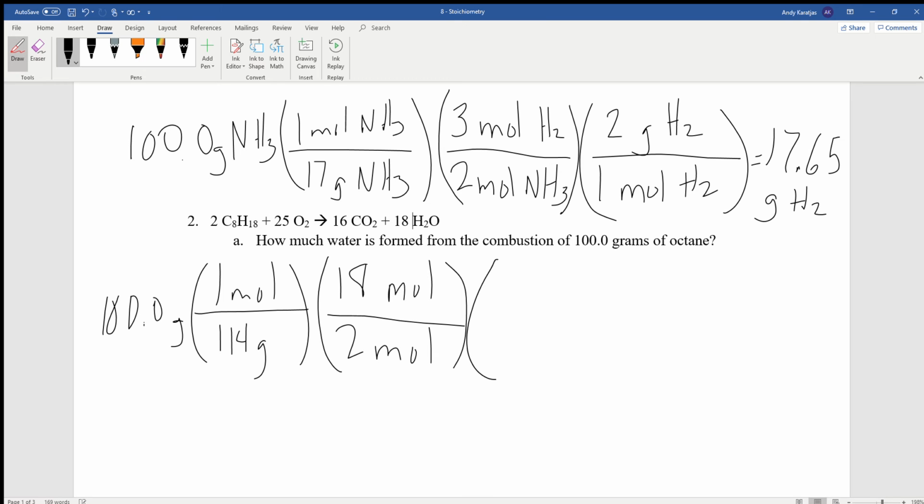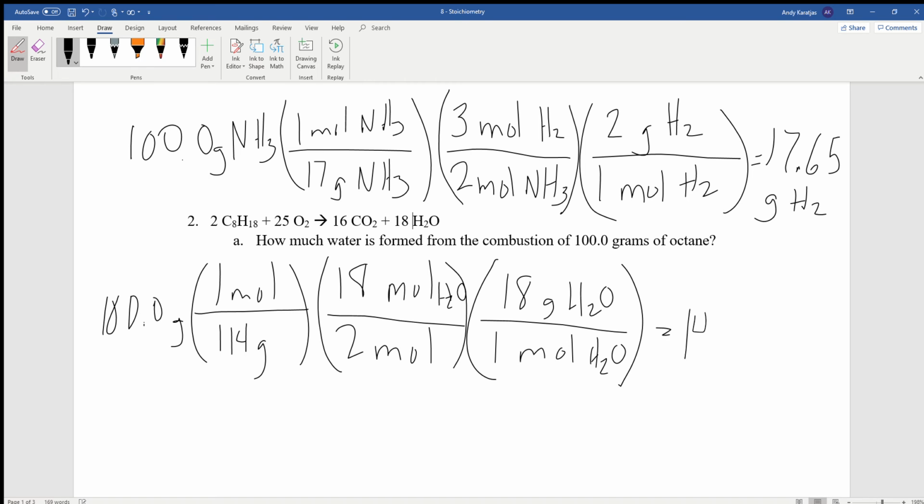And then from moles of water to grams of water, 18 grams. And we get that burning 100 grams of gas, or 100 grams of octane, forms 142.1 grams of water.